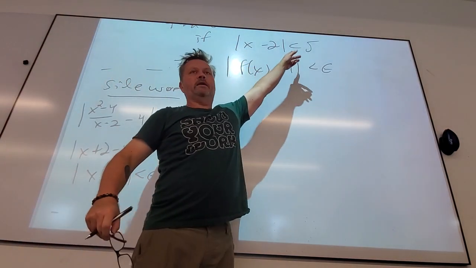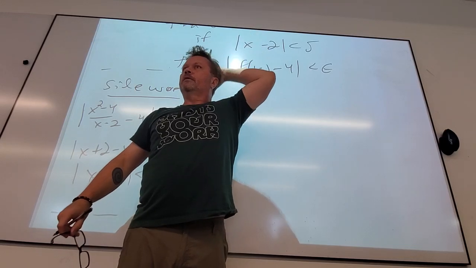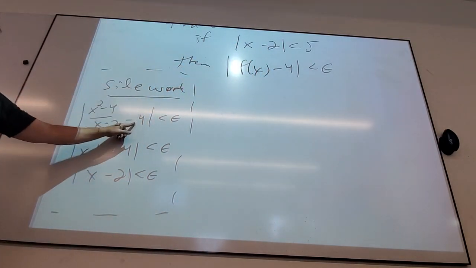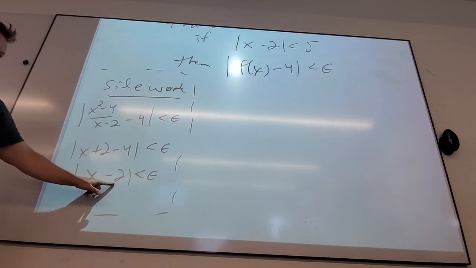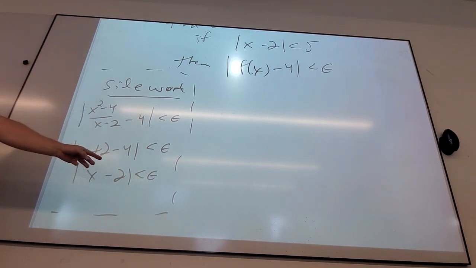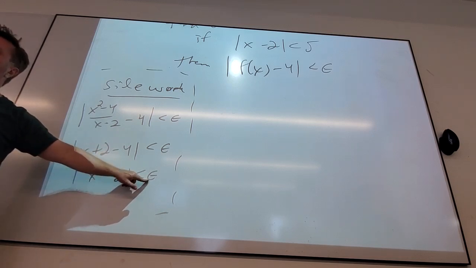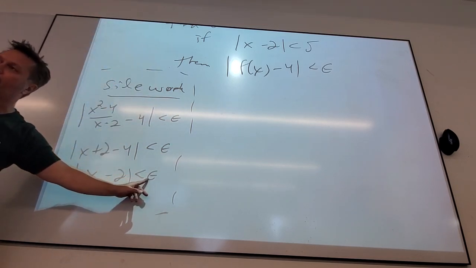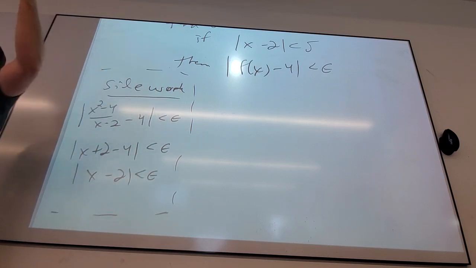Absolute value of x minus 2 has to be less than delta, correct? But what did we just figure out? If somebody gives us an epsilon, what must be true about x minus 2? Absolute value, it's got to be less than epsilon. So what do we choose our delta to be? Epsilon. So if I would have gotten a 2 epsilon here, I would have let delta be 2 epsilon. If I would have got epsilon over 3, I would have let delta be epsilon over 3.